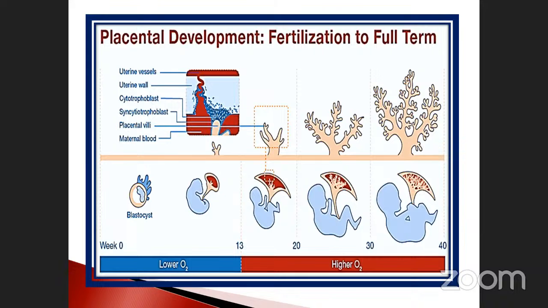Mother as well as the fetus. So they need more oxygen. That's why the higher oxygen content is given as a red color parameter. The blue color parameter denotes lower oxygen at this time. After that, higher oxygen is also very, very important. Okay. So this is also another thing.